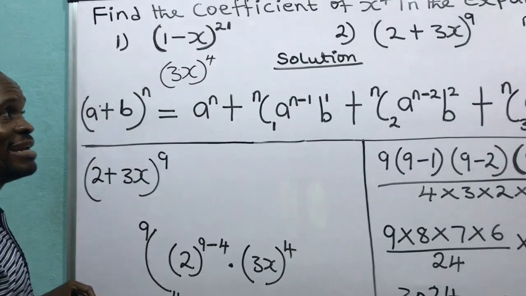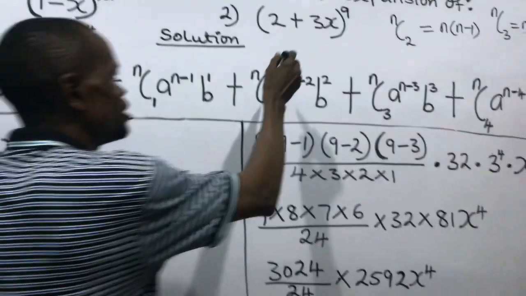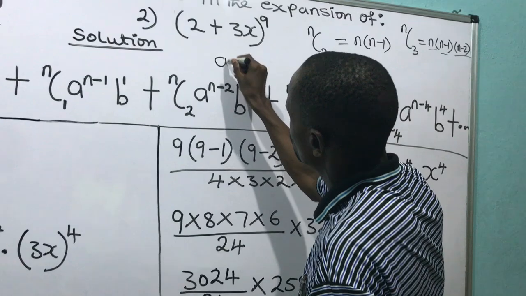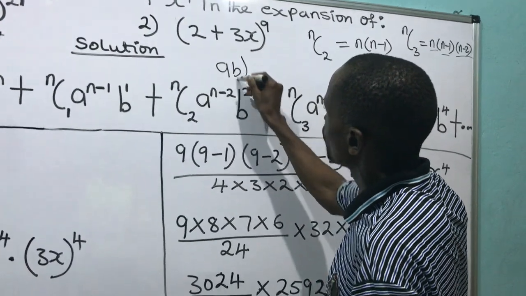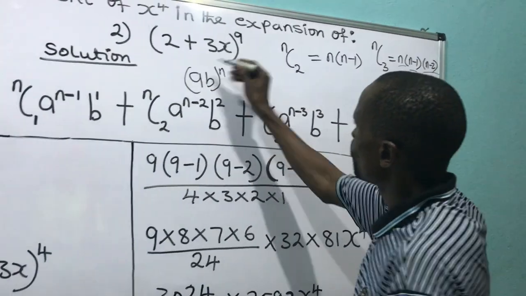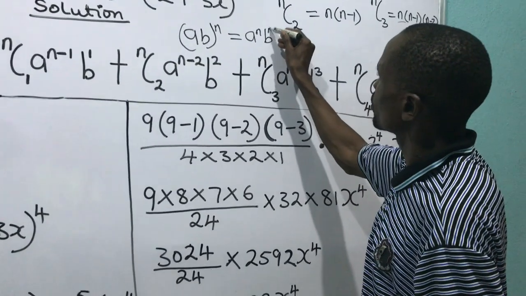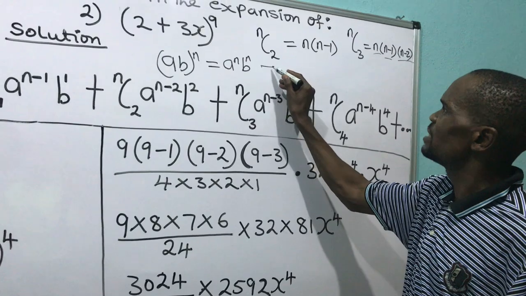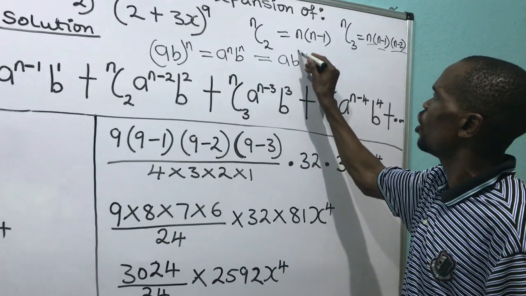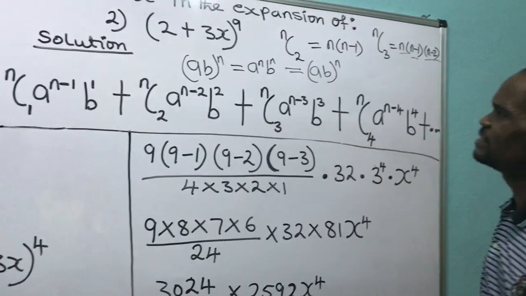That's what we call indices. Indices told us that (AB) all raised to the power n, if you open this bracket, becomes A raised to the power n and B raised to the power n. And this can be written as (AB) all raised to the power n. That's indices for you.